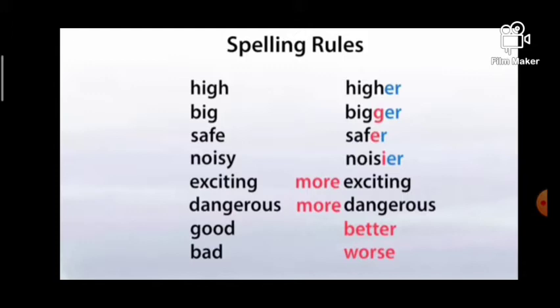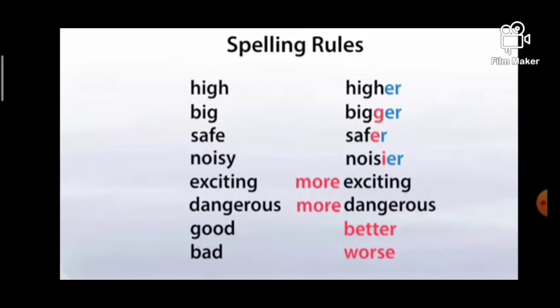Then safe. Now there is no need to add E, only add R, because E is already the last letter of this spelling. Safe, E is already available, so we only have to add R. Then safer.